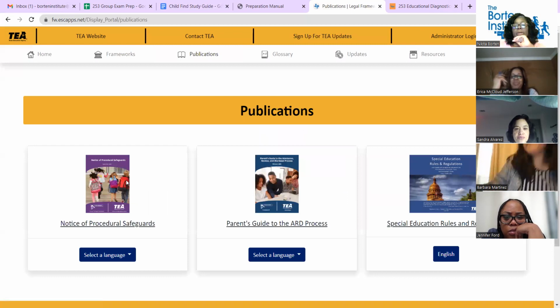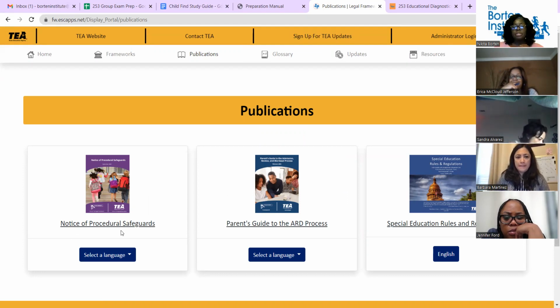And then these are the publications that you have got to know front to back, these two: Notice of Procedural Safeguards and the parent guide to the ARD process.